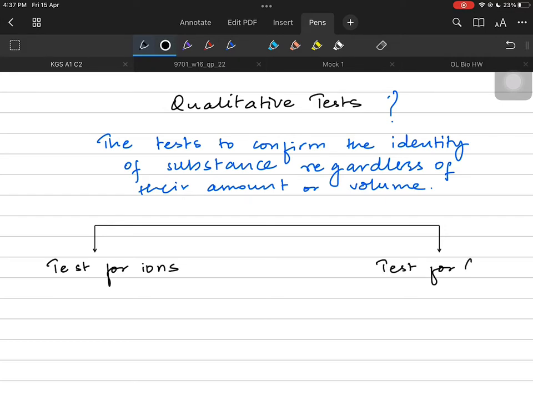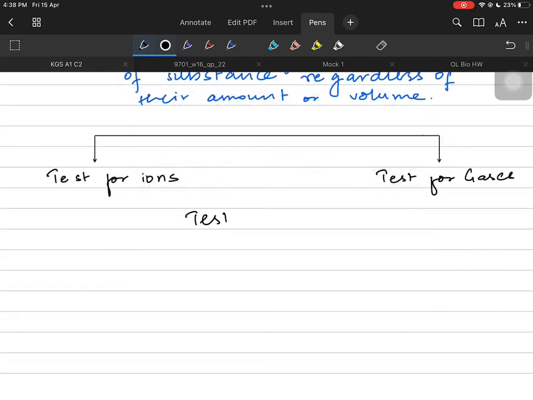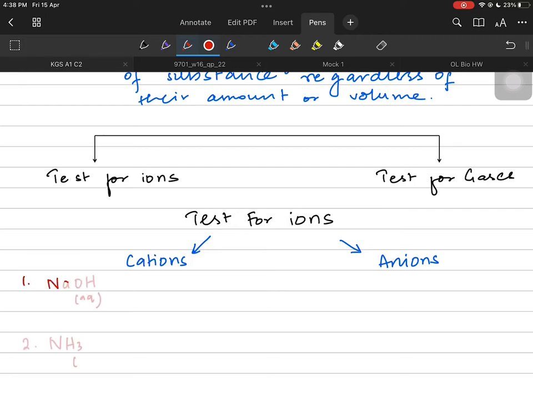When we're going to perform these qualitative tests, the first one that we do is the test for ions. And we know there are two kinds of ions: cations, which are generally metallic ions, positive in nature, or anions, which are non-metallic and negative in nature. We use aqueous sodium hydroxide or aqueous ammonia to confirm the presence of a specific cation.